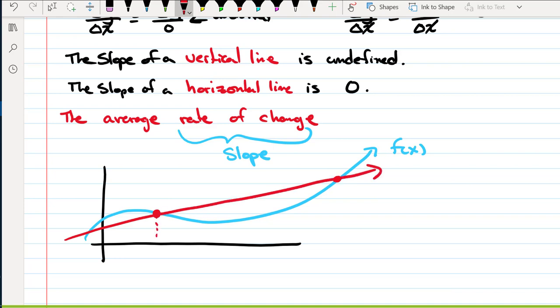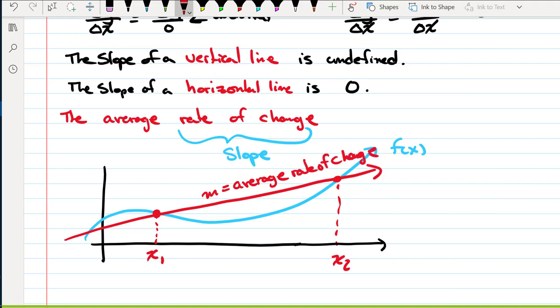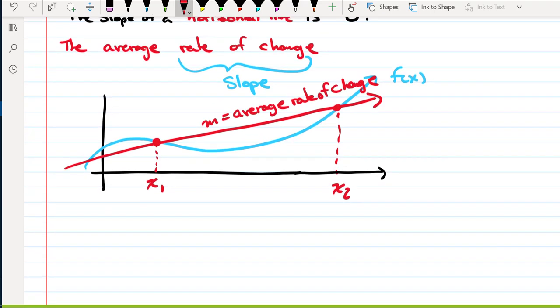So the idea is if I want to find the average rate of change between 2 points, x1 and x2, I would find the slope of the line that connects those 2 points, and that would be the average rate of change of f.